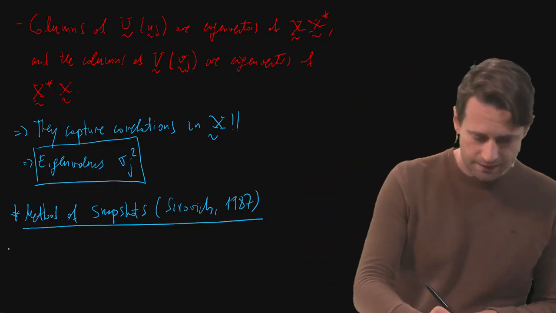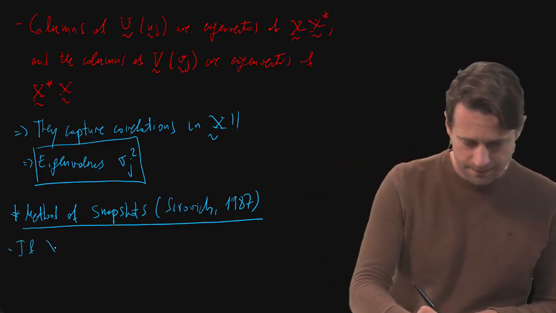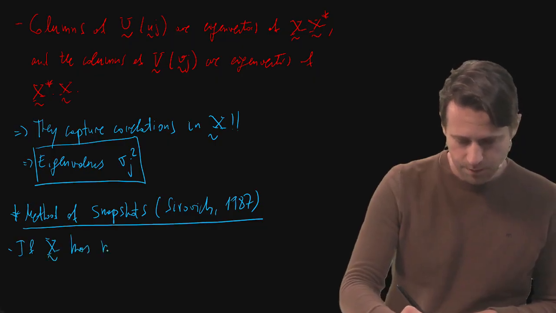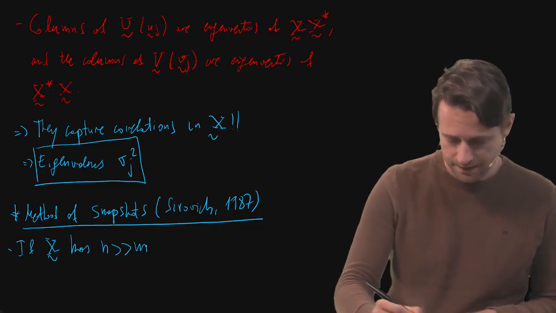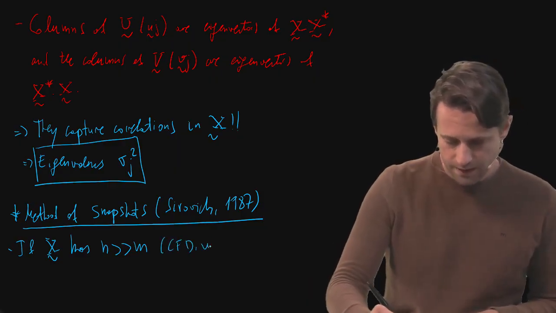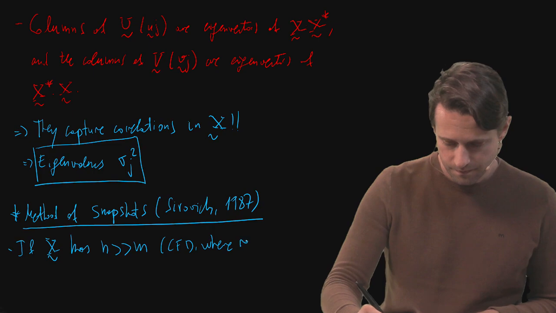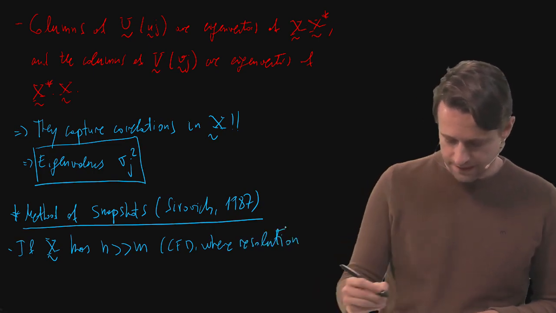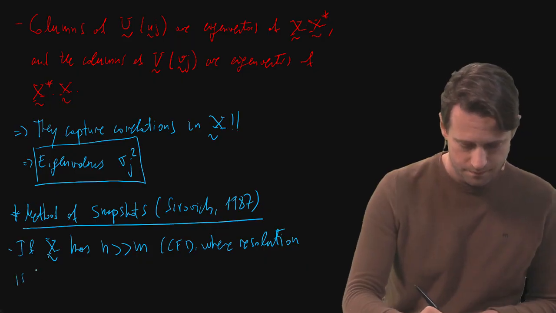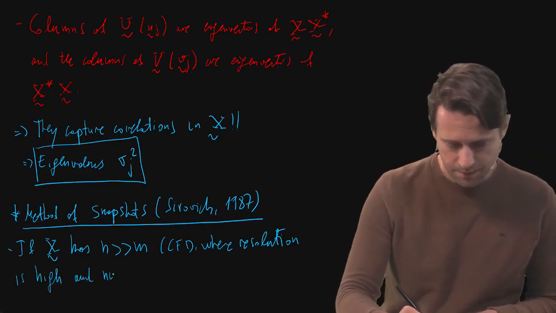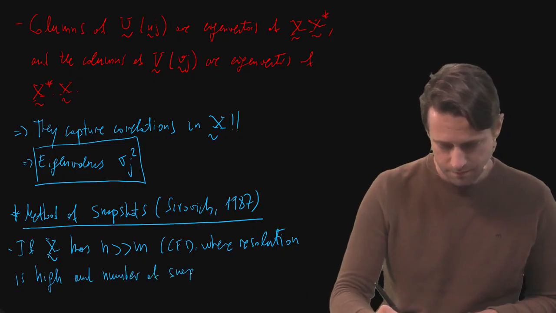So let's assume that the data matrix has the property that N is much larger than M. Remember, this is the case of CFD, where resolution is high and the number of snapshots lower.